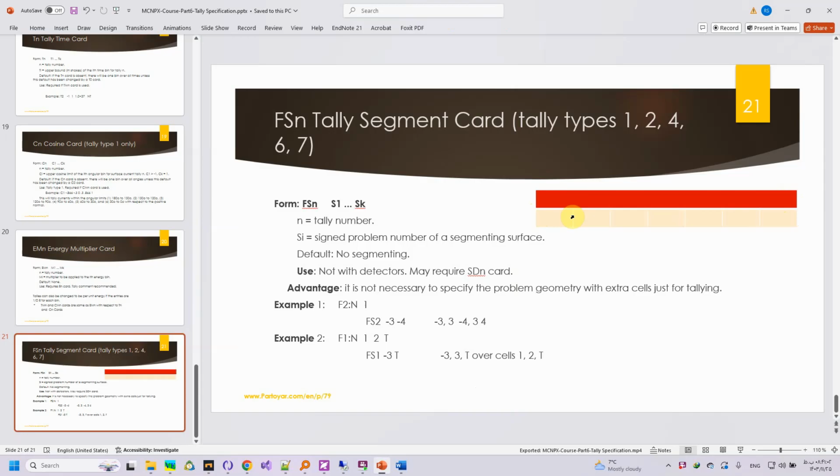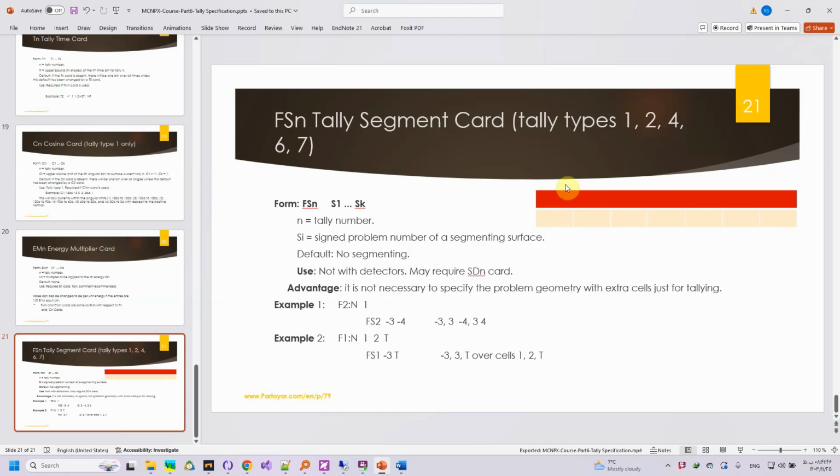We have two different methods for finding the result. The first method is that we divide the cells into subcells. It means that we need more time, and we must define different geometry because we must divide the cell into different geometries, and we find the tally over the subsets.